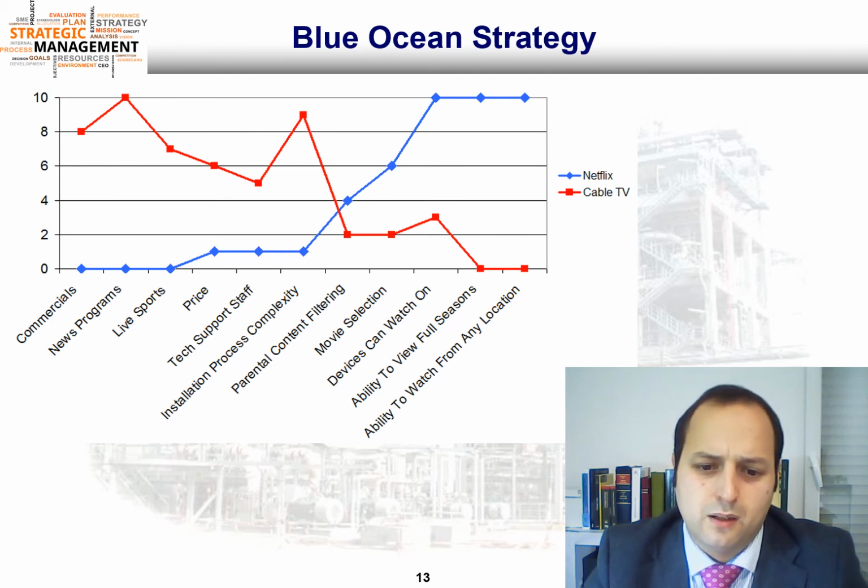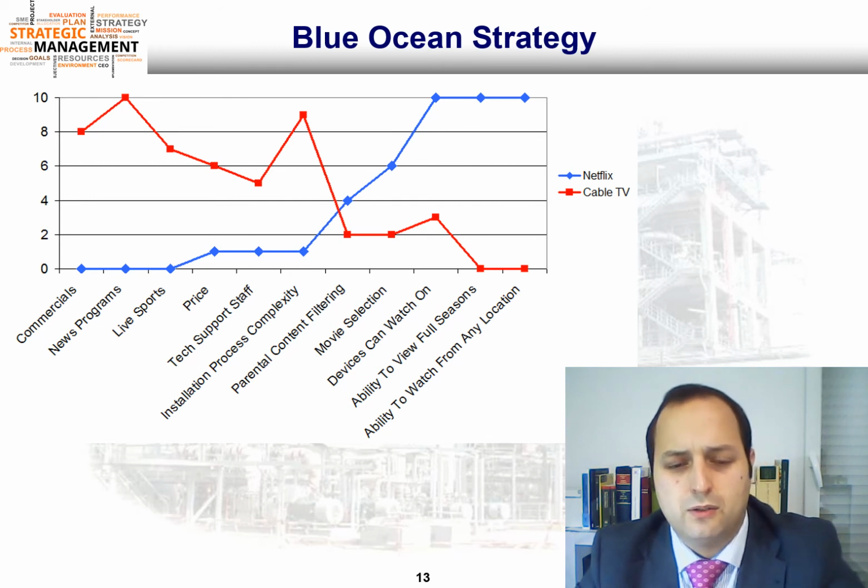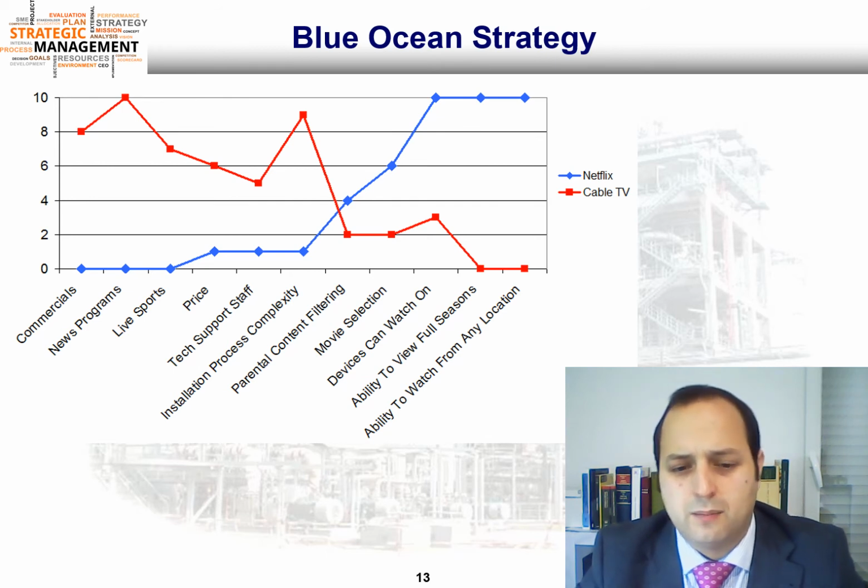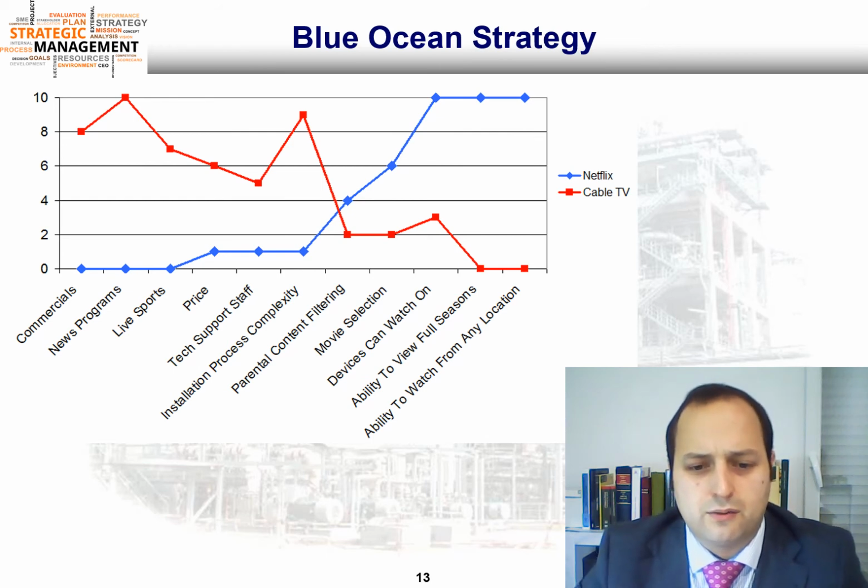For example, parental content filtering, movie selection, devices you can watch on, ability to view full seasons, ability to watch from any location. So as you may see, Netflix is another example of a blue ocean strategy.